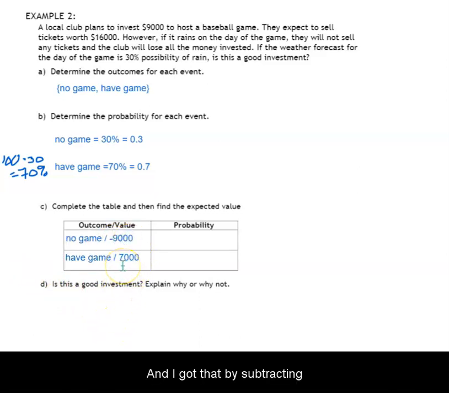And I got that by subtracting our ticket sales, so how much they would have earned in tickets, $16,000, minus the $9,000 that it cost them, and that would give us $7,000.